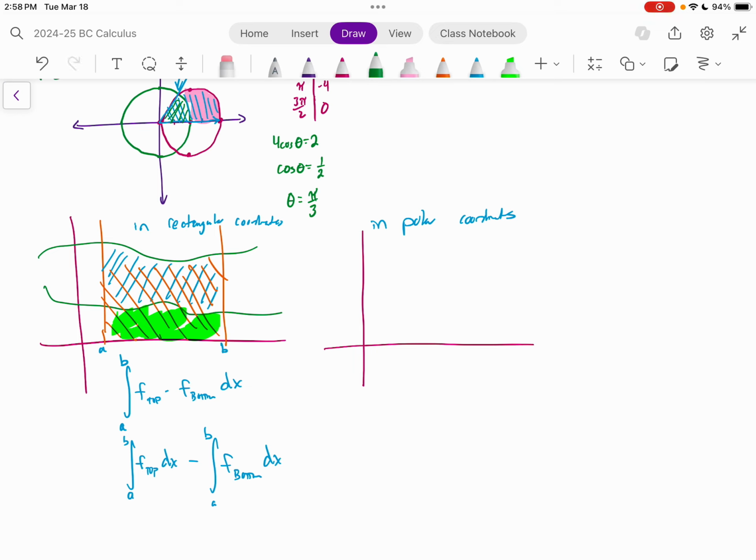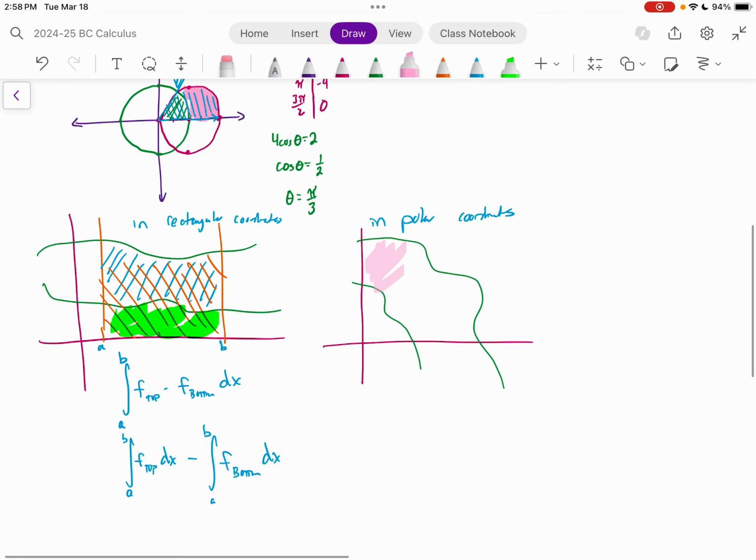So let's suppose I have some curve that looks like this, and then I have some curve in close like this. Well, we're saying that this pink area in here is the whole thing, all the area inside the outer curve, minus this little area in here. And that should make sense.